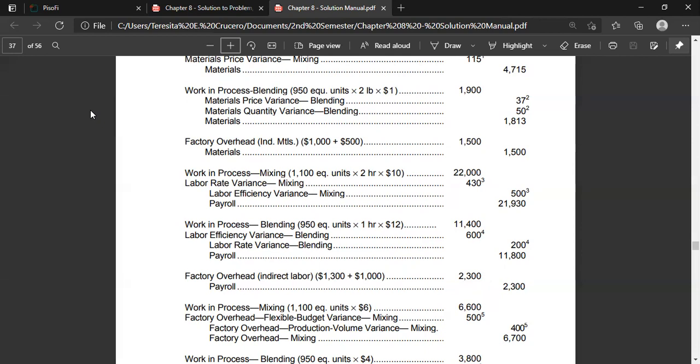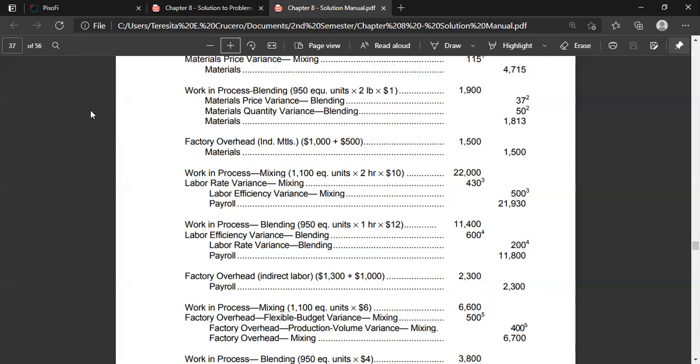Then the labor rate variance for the mixing is 430. That's another amount to be computed. Labor efficiency variance mixing 500, and credit to payroll.